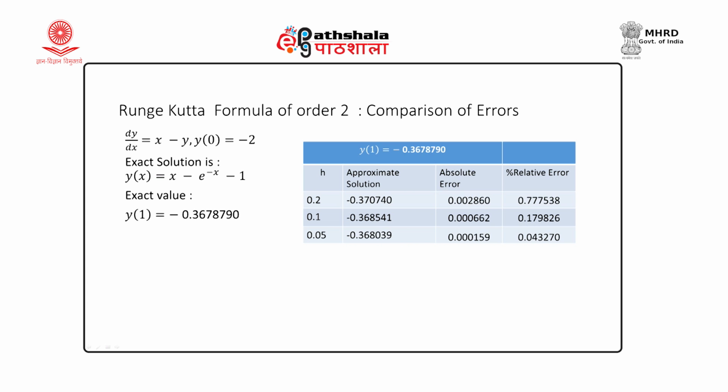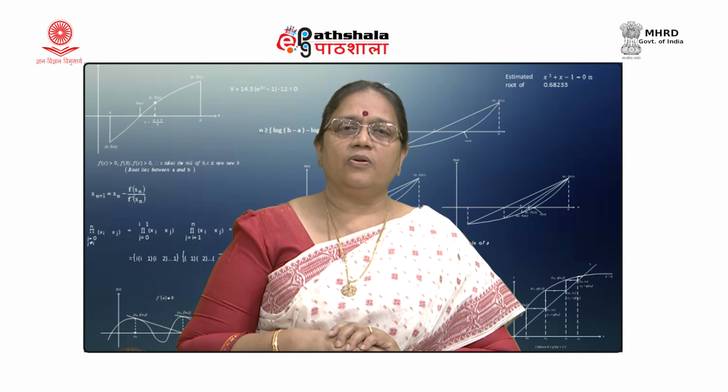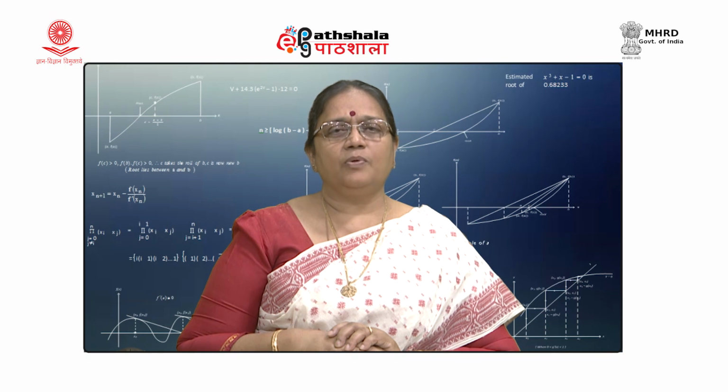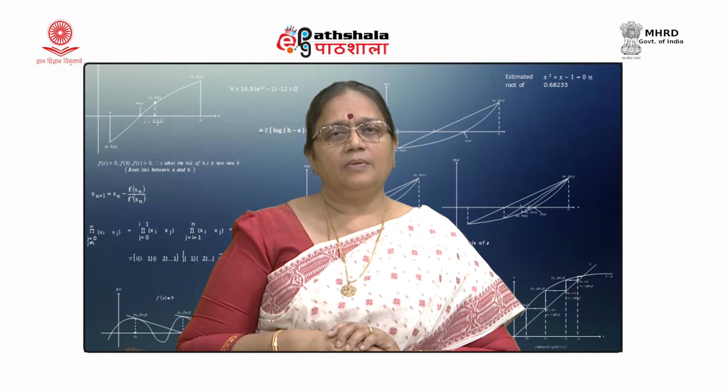This confirms that as we reduce the step size, the results are more accurate, because the error is of the order of h cube in the Runge-Kutta formula of order 2; we have taken terms up to order h square. So as we reduce the step size, the truncation error will go on decreasing.